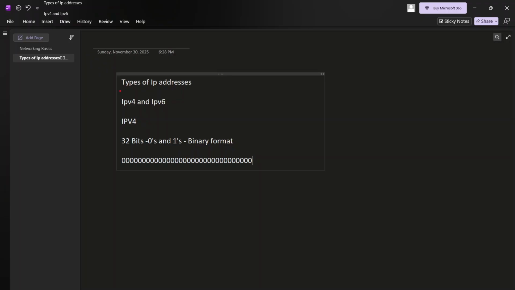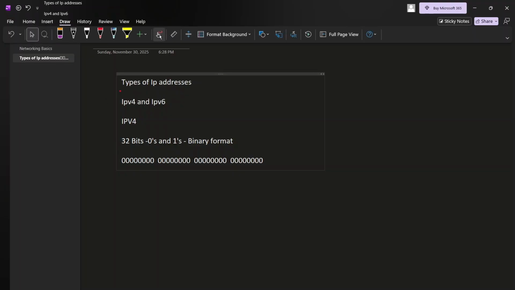These 32 bits we have divided into 4 octets. 1, 2, 3, 4, 5, 6, 7, 8: that is one octet. 1 to 8 is another octet. Another octet, and these 8 are another octet.